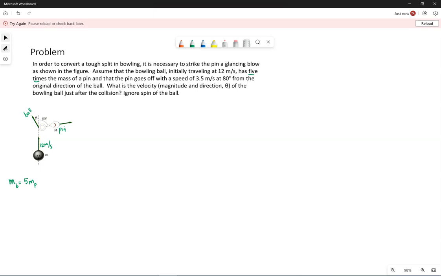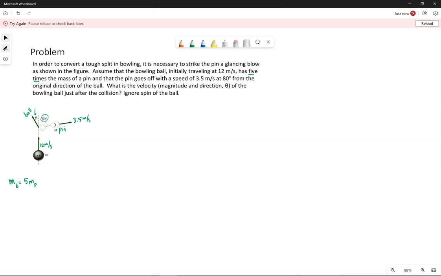It tells us the pin goes off with a speed of 3.5 meters per second at this 80 degrees, which is shown in the picture. What is the velocity, so magnitude and direction? We're trying to find the theta that's in this picture, and then how fast the ball will be traveling right after the collision.